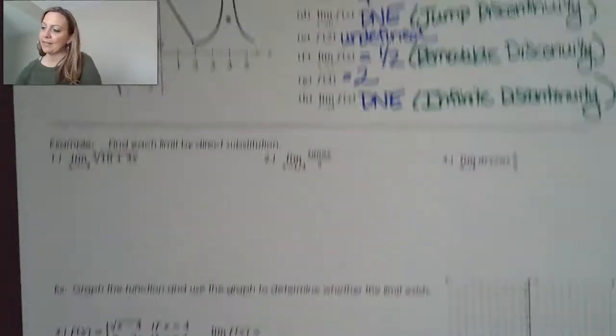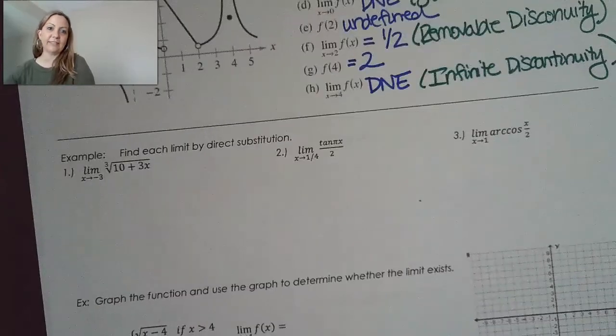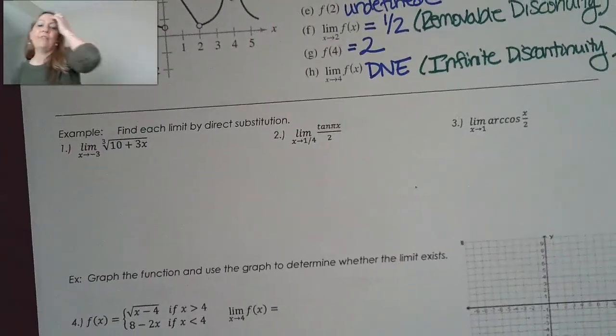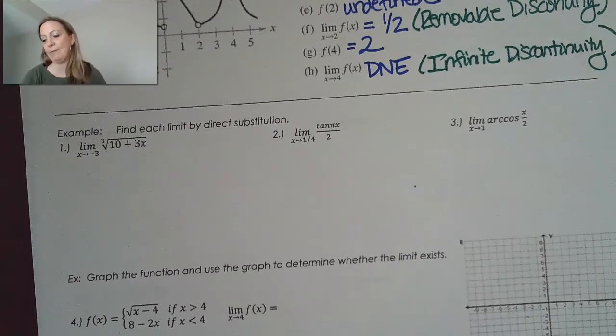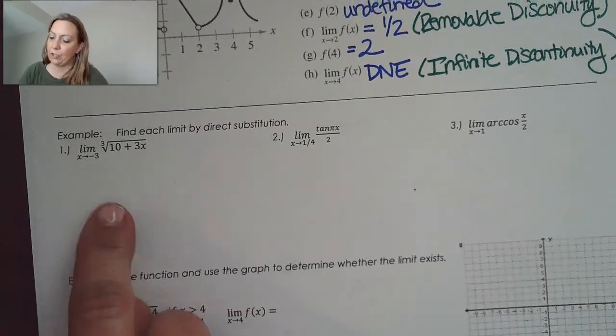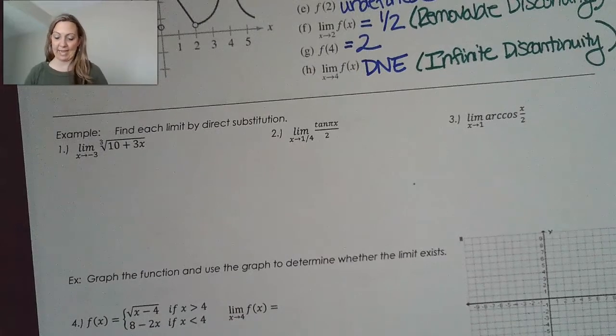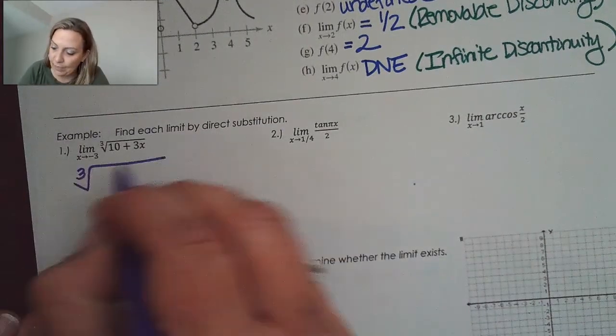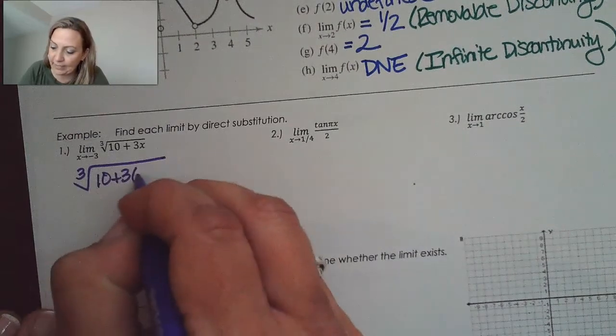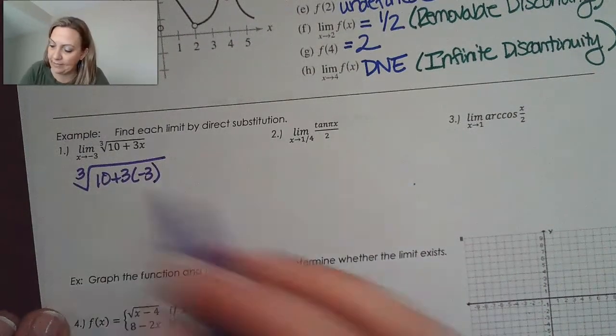There are some limits that are not that hard to come by, that we can find by direct substitution. So examples are 1, 2, and 3. Let's find the limit as x approaches -3 of the cube root of 10 plus 3x. All we do in these cases is substitute the value in. So I'm going to take the cube root of 10 plus 3 times -3.